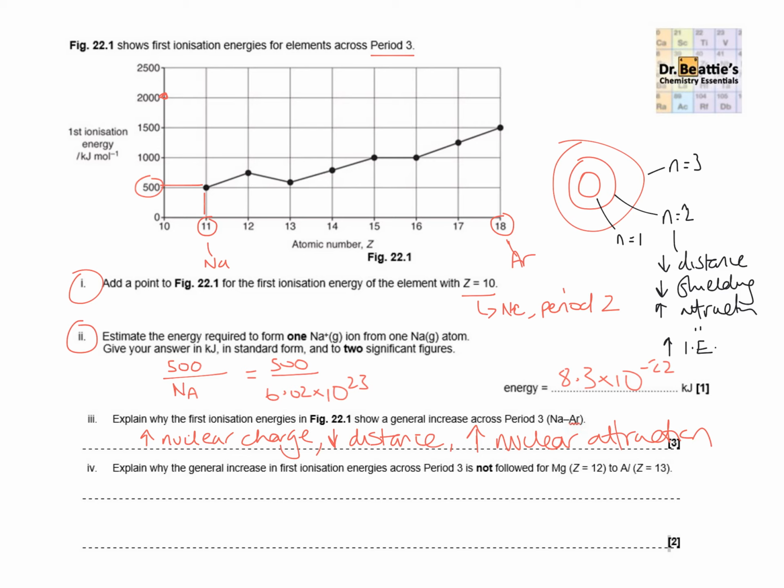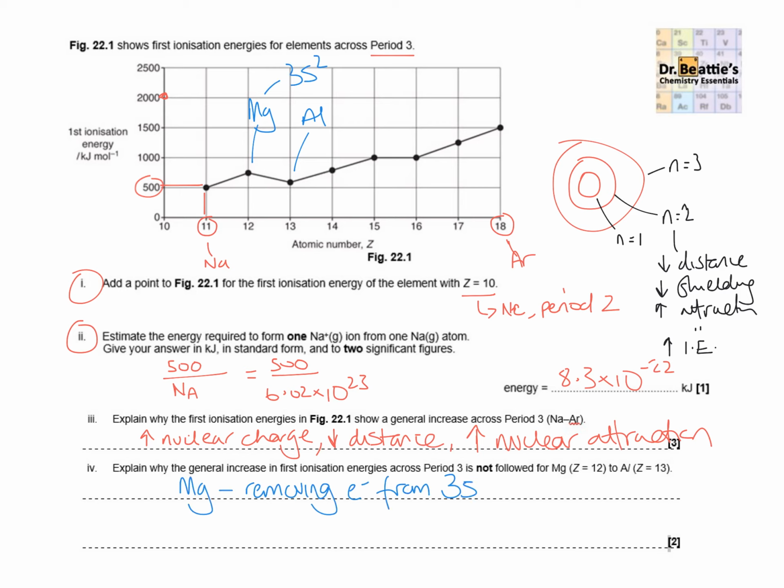And then part 4 is explaining why the general increase in first ionisation energies across period 3 is not followed for magnesium to aluminium. So again, we need to understand that the atomic number 12 is magnesium and 13 is aluminium. So we're focusing on this area of the graph. And you need to be able to explain this in terms of the fact that we are changing the subshell. In magnesium, we are in the S subshell and we have 3s2.